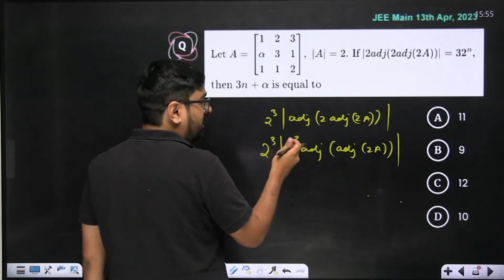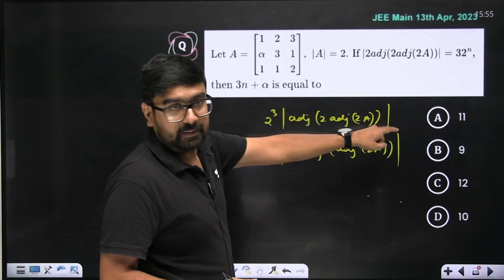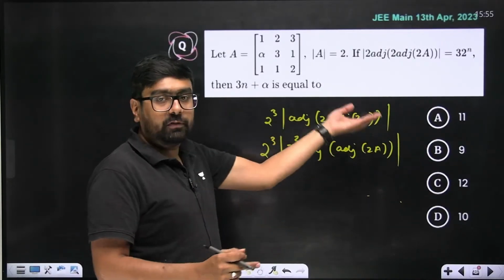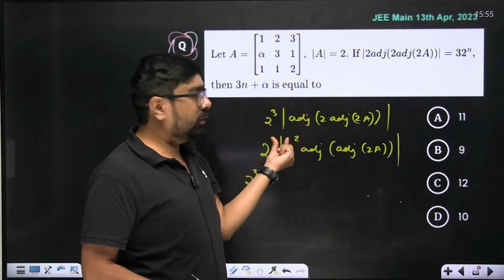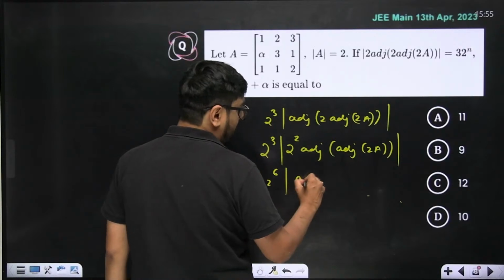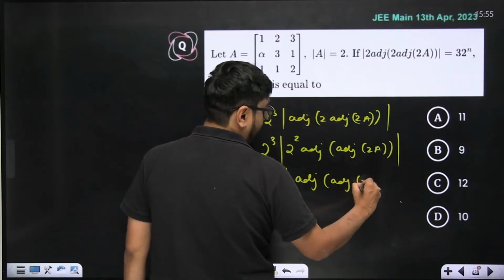Now this 2 to the power 2 to the whole power of 3. That means 2 to the power 3 into 2, this 2 to the power 2 coming out of the determinant which has the power 3. So 2 to the power 2 to the whole power 3, that means 2 to the power 6 will come out, and here we'll have adjoint of 2A.